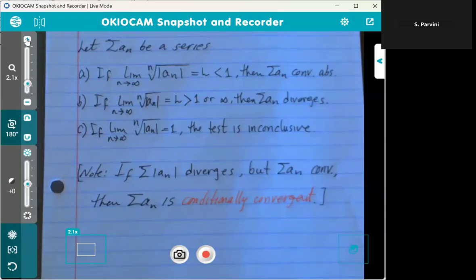Okay. Now, have a note here. If the absolute value diverges, but the sum of a_n converges on its own, this is a reminder that the series is conditionally convergent. Remember, I had that earlier.